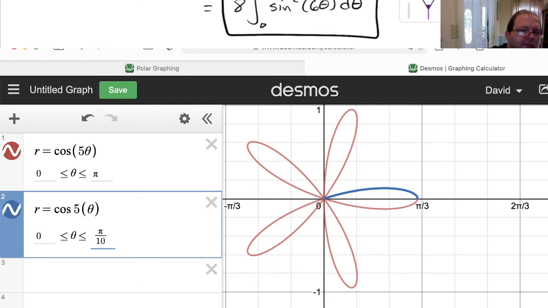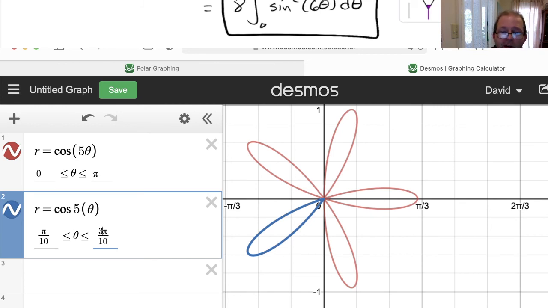So we could think of 2 pi over 10, or pi over 5, being the distance for a full petal. If I go from, say, pi over 10 to 2 pi over 10, notice that gets me half of a petal. If we go to 3 pi over 10, that gets me a full petal there.